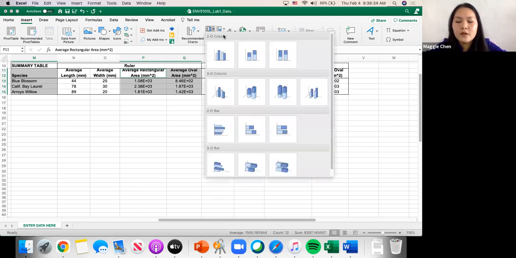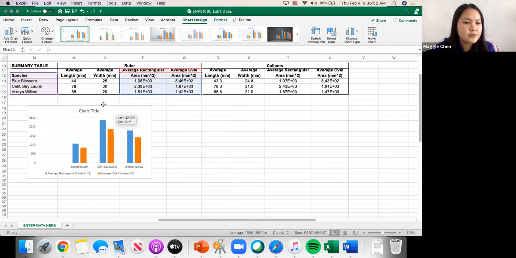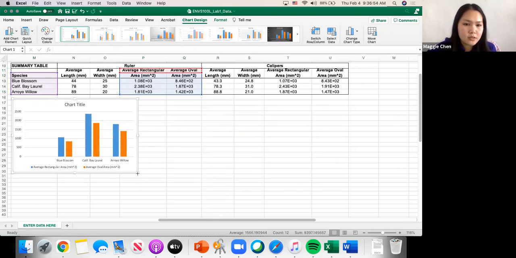And different column charts are given to us: 2D column, 3D column, 2D bar, 3D bar. So it's this very first 2D column, this clustered column chart that we're going to want. So we'll just select this. And our chart's going to be made. So let's just make this a little bit bigger.